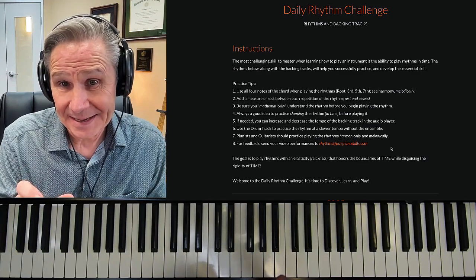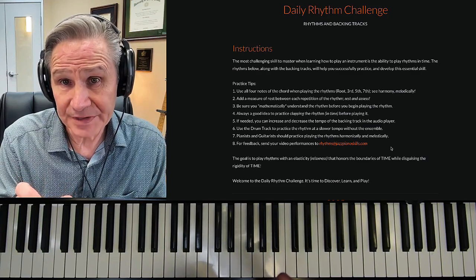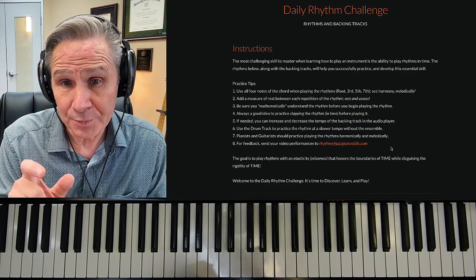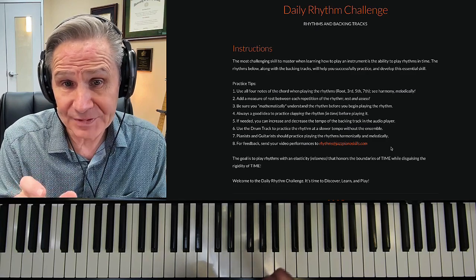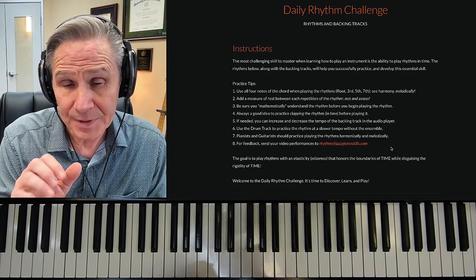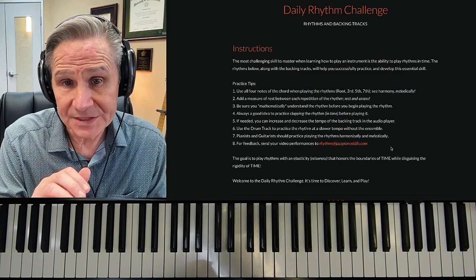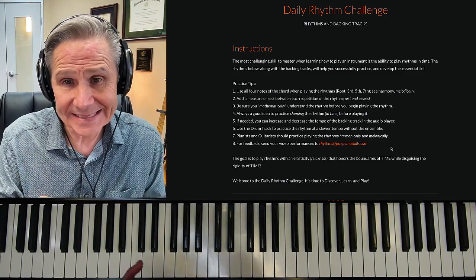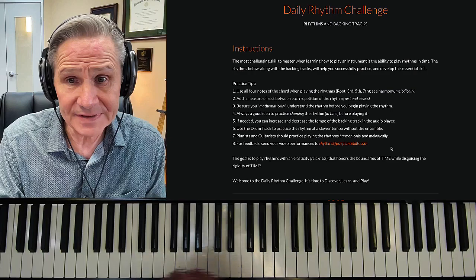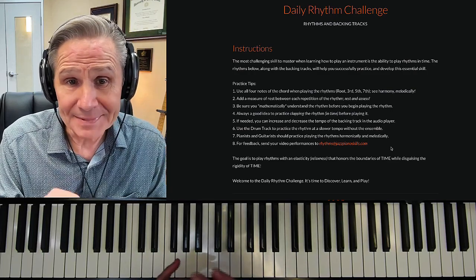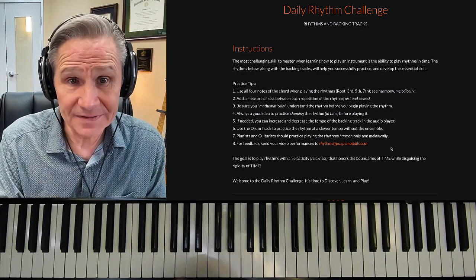That's the key. That's the difference between a professional musician and an amateur musician. A professional musician can absolutely, without question, play rhythmically with this relaxedness, this elasticity that honors the boundaries of time while at the same time disguising the rigidity of time.